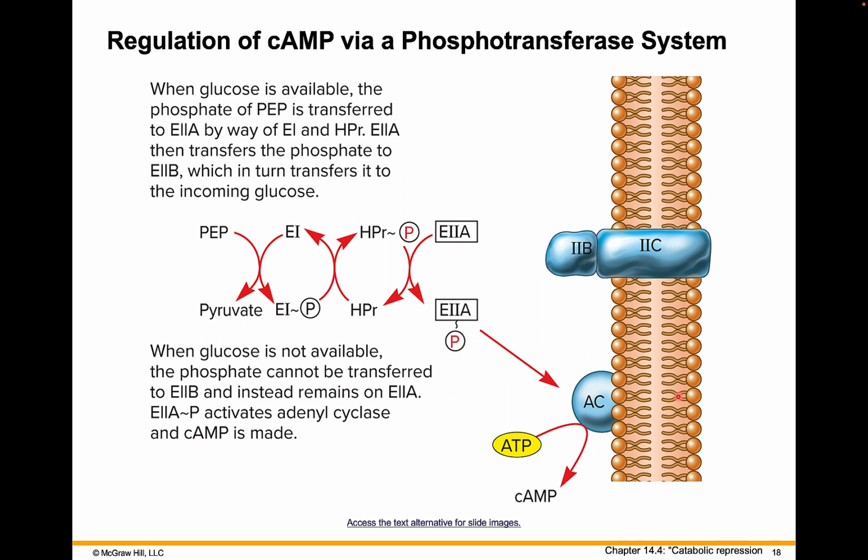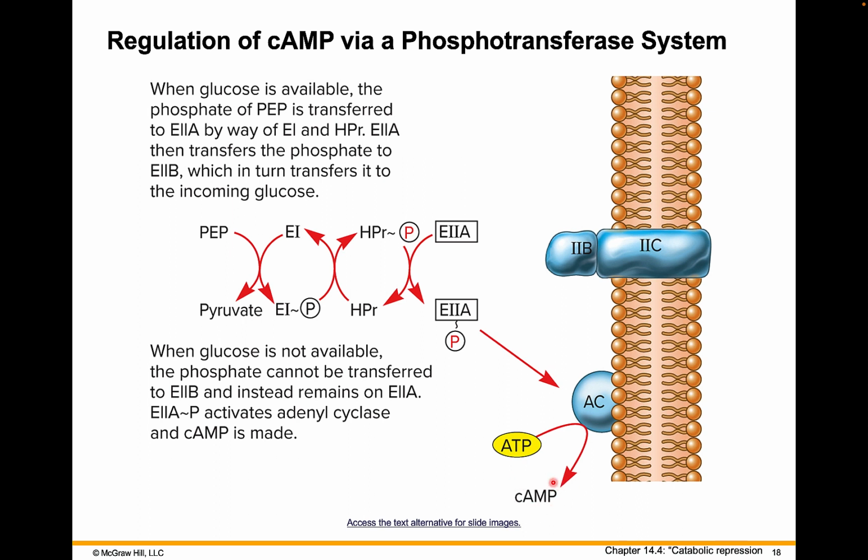Instead, there is another enzyme which is associated with the membrane, known as adenylate cyclase. This E2A phosphorylates the adenylate cyclase by transferring the phosphate to it, and it is activated. Activation of the adenylate cyclase produces cyclic AMP, so ATP is converted to cyclic AMP.